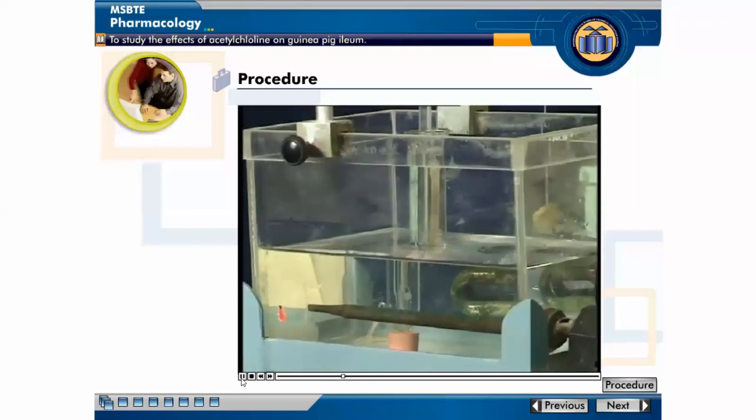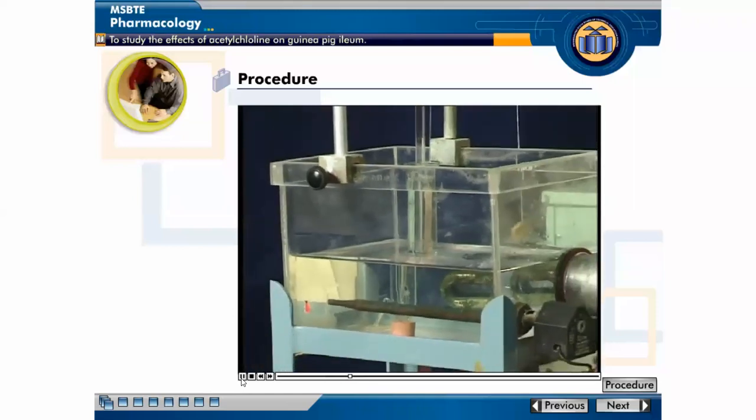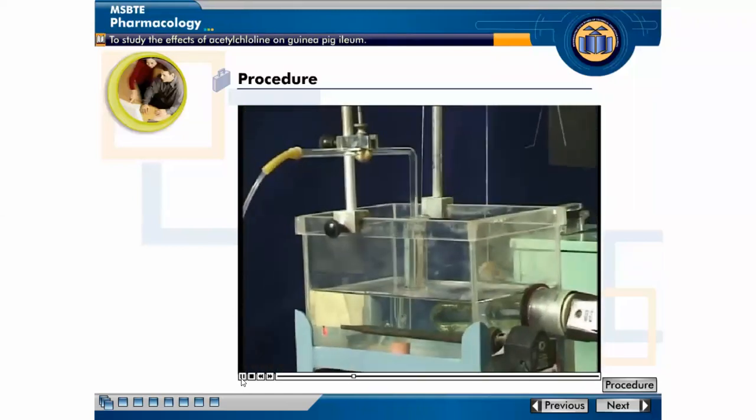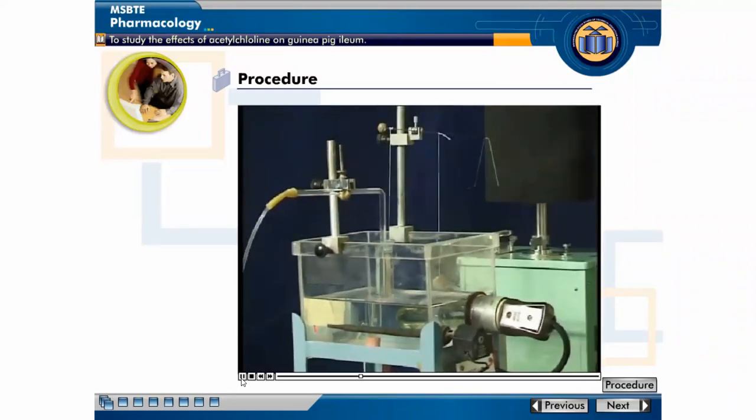Maintain the temperature of water bath at 37 degrees centigrade. Aerate the muscle preparation with aerator. Now stabilize the muscle preparation for 30 minutes under tension of 0.5 to 1 gram.